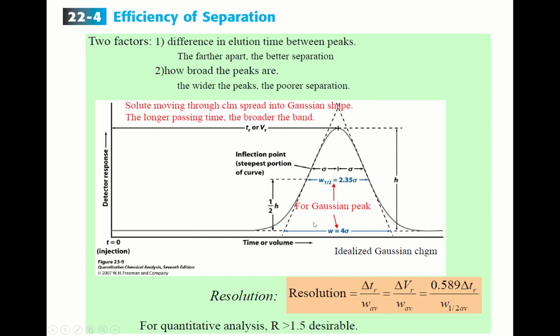Okay, and for this curve, we can calculate this one. This is the inflection point, which means if you differentiate this curve, not once but twice, then there will be a zero position.